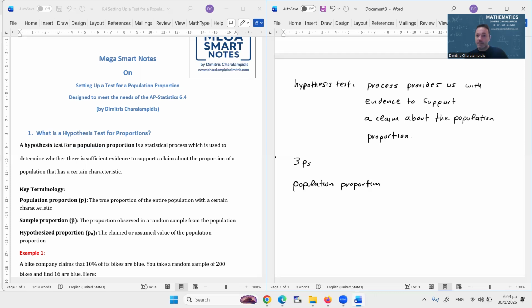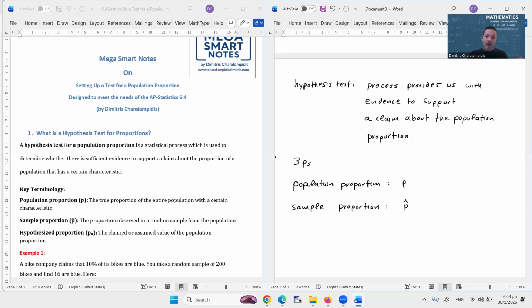However, from these samples, by examining the same characteristic, we get a different proportion, which is called the sample proportion. So, apart from the population proportion, which I forgot to mention is notated by P, we have the sample proportion, which is notated by P hat.